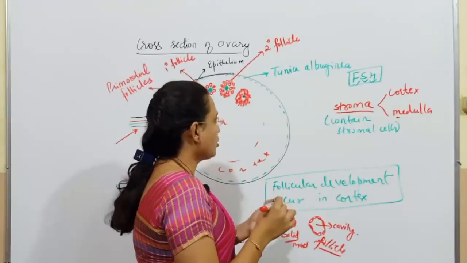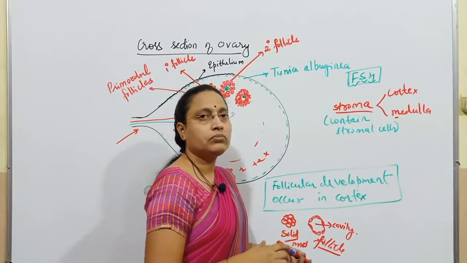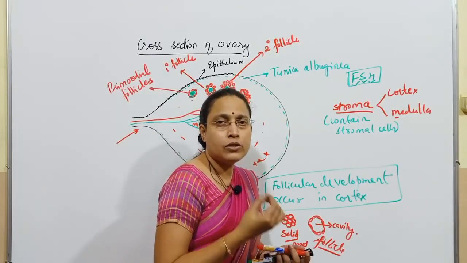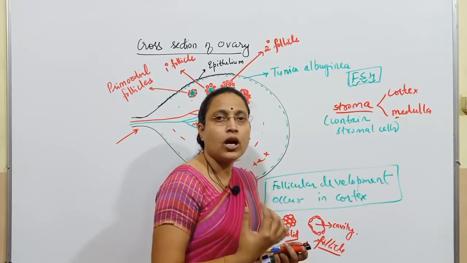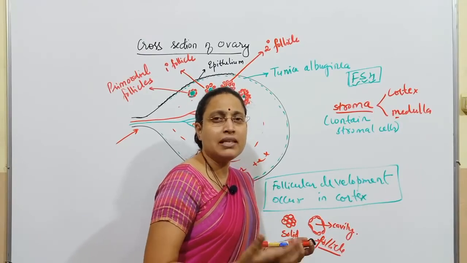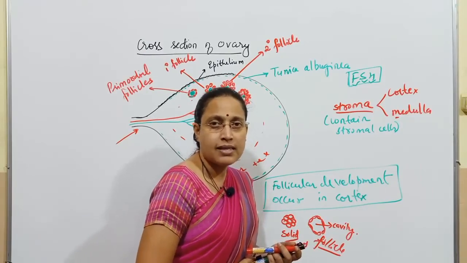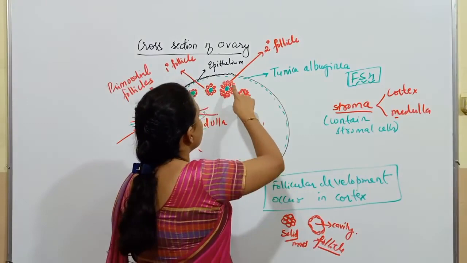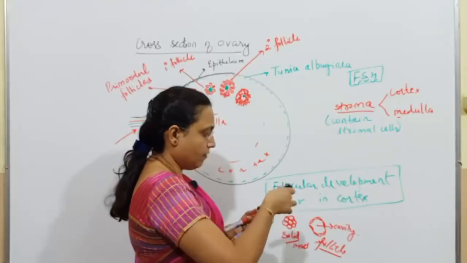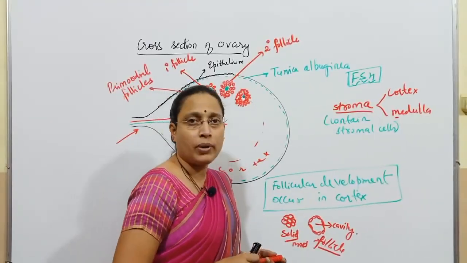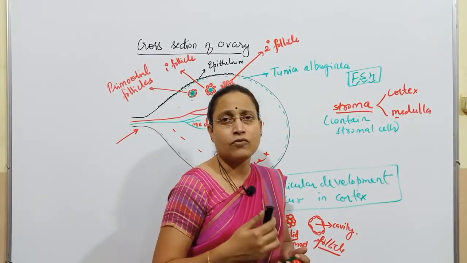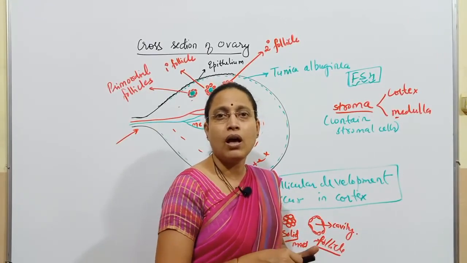But what happens in the tertiary follicle is, minute cavities, small cavities start appearing due to accumulation of fluids, and these fluids will be secreted by granulosa cells. And in the secondary follicle stage itself, a layer starts forming, even though it doesn't complete, it starts forming slowly initially, and that is the zona pellucida.